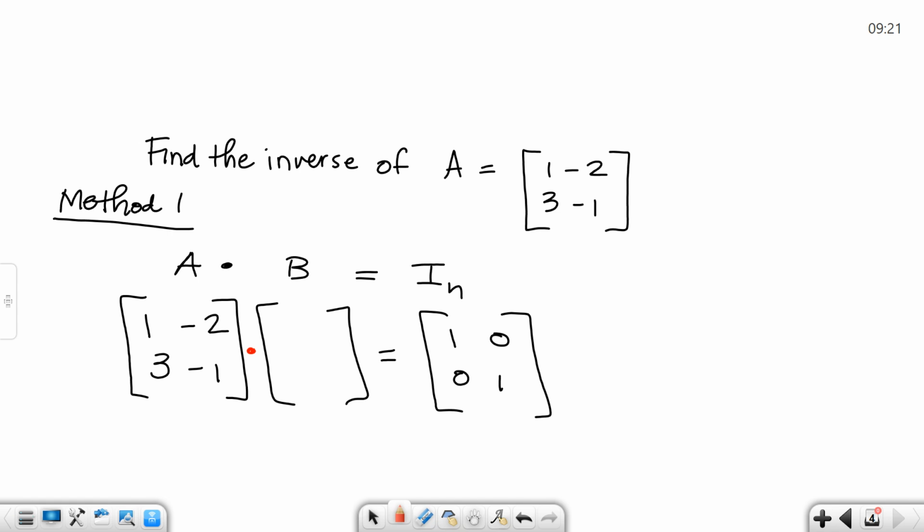You'll say, well, I don't know. We know that B is 2 by 2, right? It's got to be 2 by 2 because if I started with a 2 by 2 here, I know that this has to be a 2 because in order to multiply them, those have to be alike. And I know that this has to be a 2 right here because my product at the end is also a 2 by 2. So that's how I know that B has to be 2 by 2. Okay? Now, I don't know what B looks like, so I'm going to give it letters, kind of like we did earlier in the problem before.